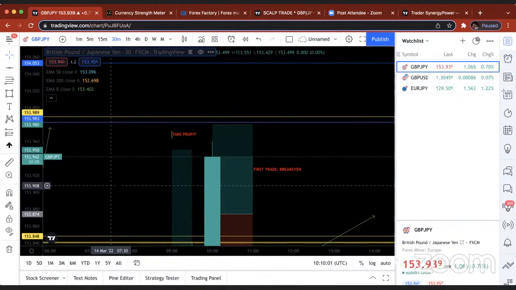Stop losses should be at break even right now.